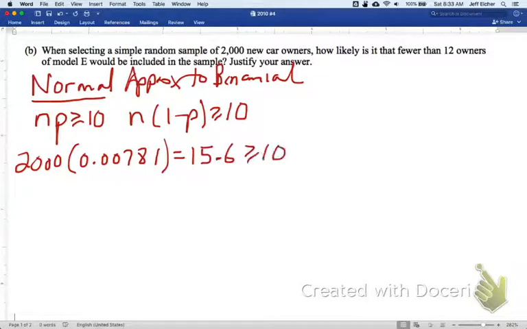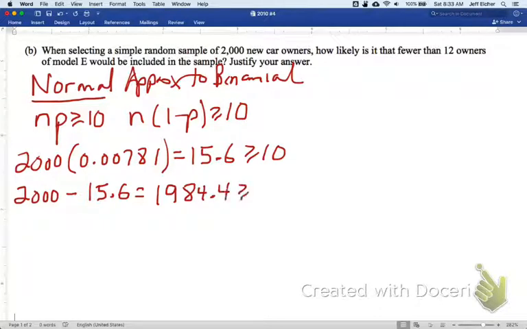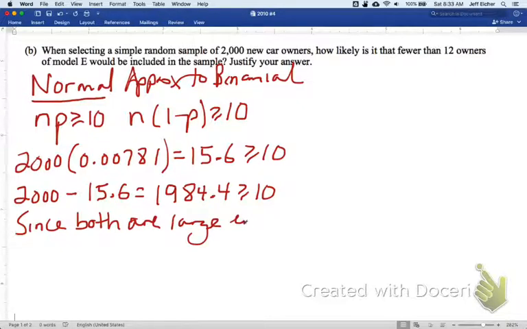That's greater than or equal to 10. And then 2,000 minus that would be the number of failures. That equals, mental math, 844, I think. That's also greater than or equal to 10. So since both successes and failures are large enough, we can use a normal curve, a normal approximation.